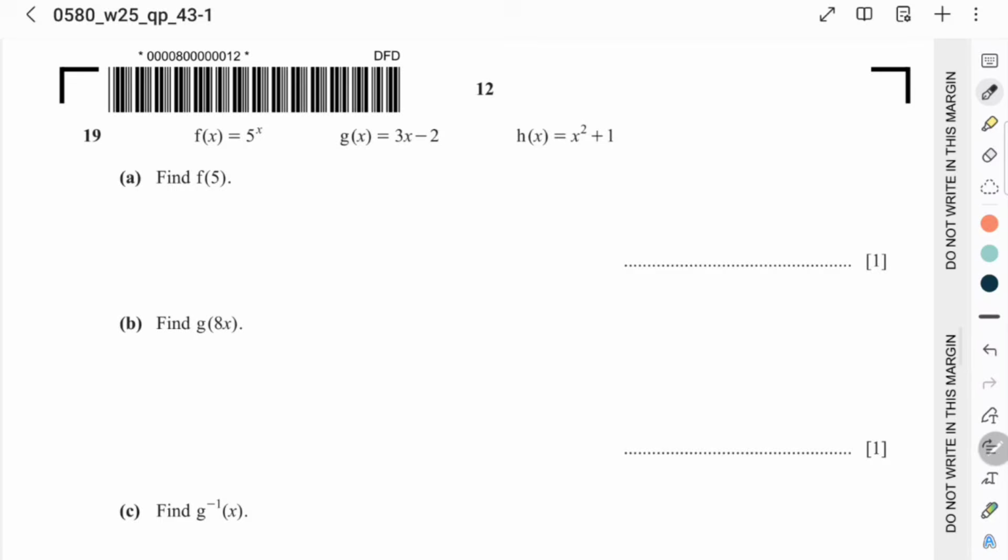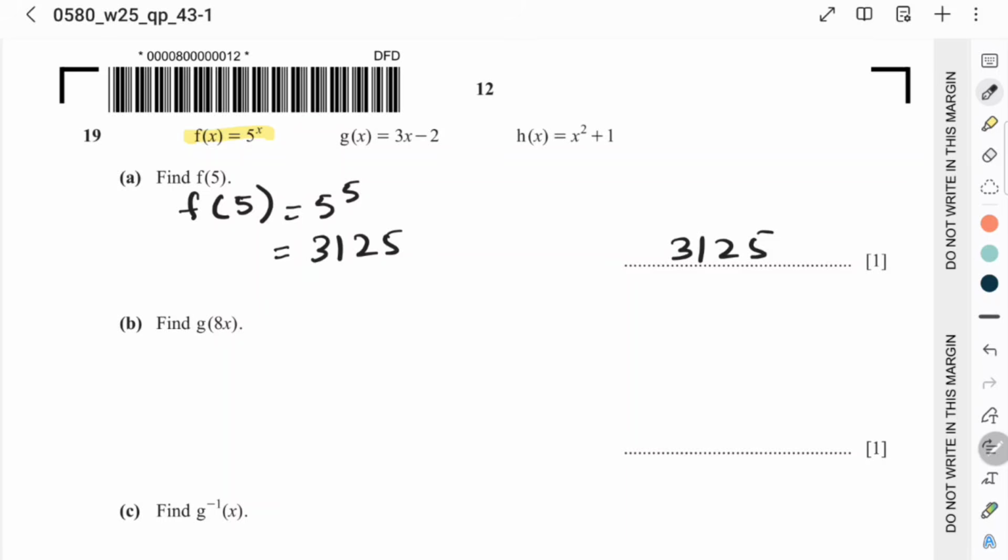Okay, now question number 19. In question number 19, f of x equals 5 to the power of x, g of x equals 3x minus 2, and h of x is equal to x square plus 1. F of 5 means you are just substituting 5 in place of x in this function, which is 5 to the power of 5. Take your calculator, find your answer: 3125.